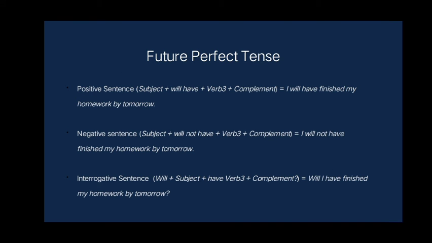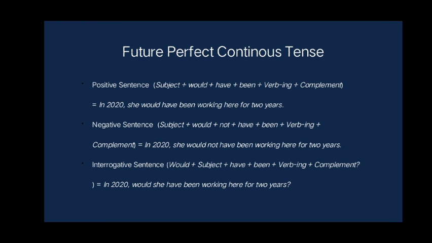Next is future perfect tense. Future perfect tense is used to denote an action that will end in the future. For the formula, subject plus will have plus verb 3 plus complement. For example, I will have finished my homework by tomorrow. The next is future perfect continuous tense.